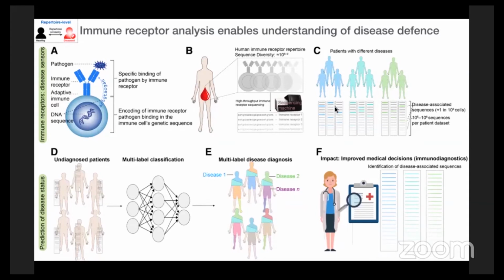And via feature selection, which can, for example, be done by multiple instance learning, which we have just co-published with the Günter Klambauer lab, it's just on bioRxiv, it is then possible to find, a posteriori, those sequences that are associated with disease, and then you could follow up further on those.